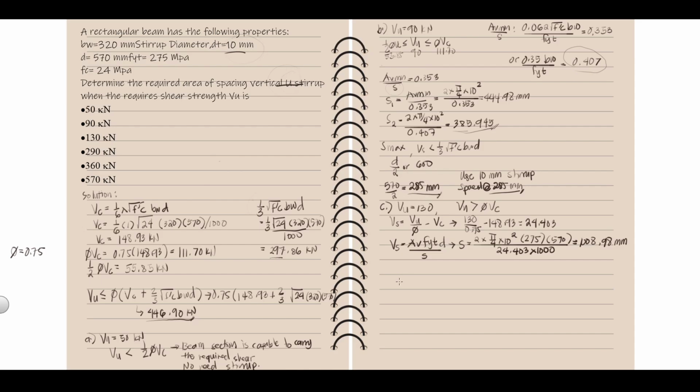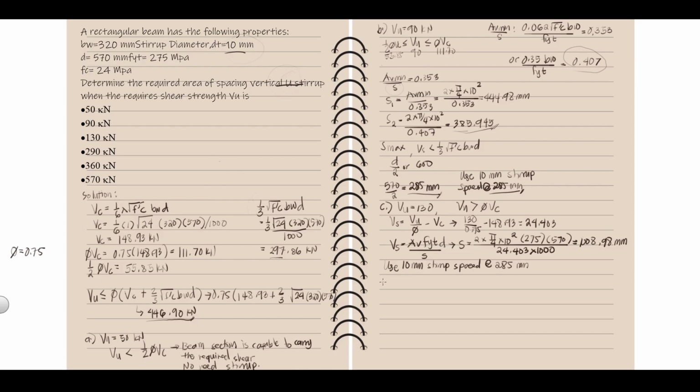So, if you're going to compare that, 1,000 is greater than our S max. So, we're going to use now the 10 mm stirrup space. Ang spacing na gamitin natin ay yes, 285. Yung maximum. Doon tayo.